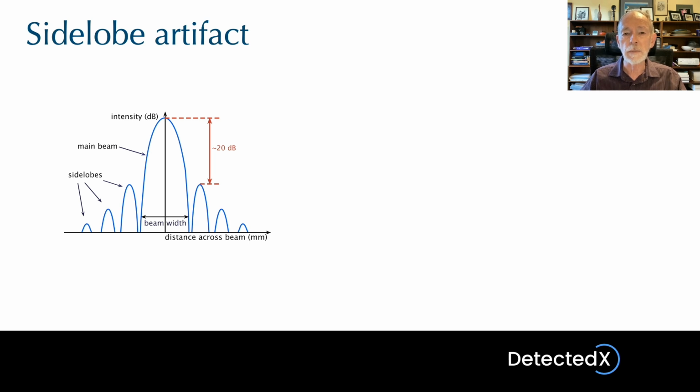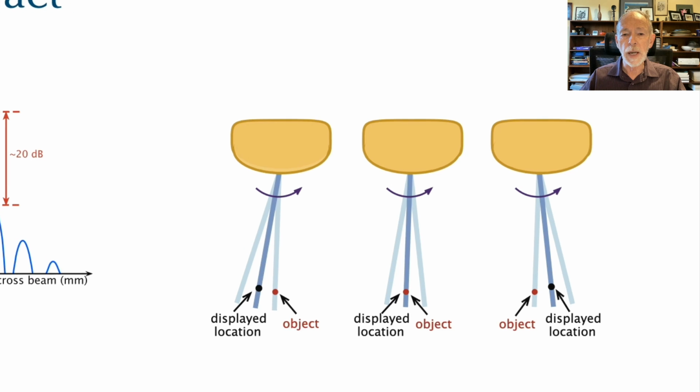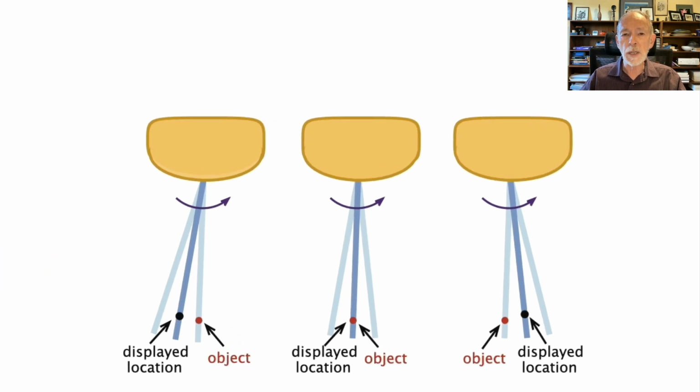and that's what I'm showing in this diagram. At the right you can see a simplified diagram of the main beam, and then the first side lobes either side of that main beam, sweeping through the tissues to build up an image. Let's suppose we have an object, which I've shown as a red dot, that produces a relatively strong echo, so that even when the side lobe looks at that object, it will produce an echo that the machine can display.